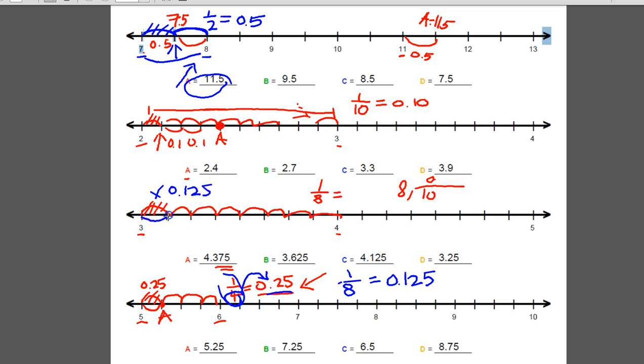And therefore, the first point is 3.125. The second point is 3.250, or 3.25, and so on. Okay, so 3.25 is point D there. So that is the D.